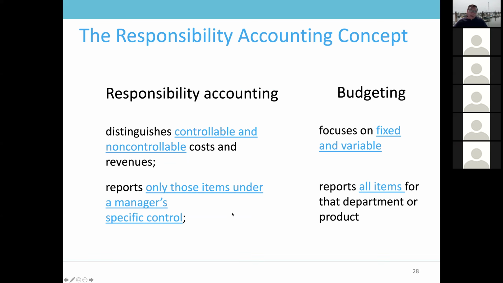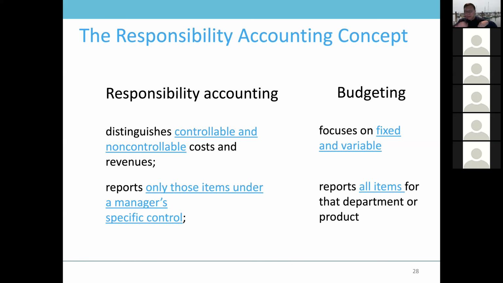Okay, so when you compare responsibility accounting versus budgeting, the difference is that responsibility accounting distinguishes controllable versus non-controllable. If it's not controlled by me, I'm not responsible for it. For budgeting, remember the section, you have variable cost and fixed cost.